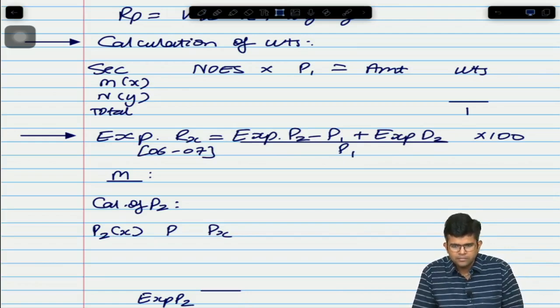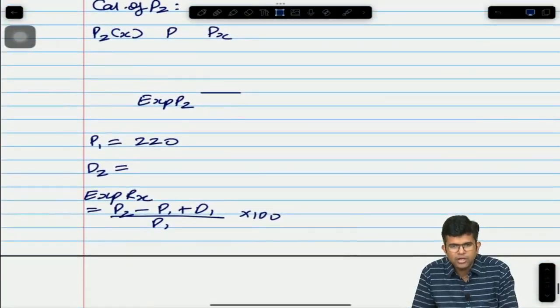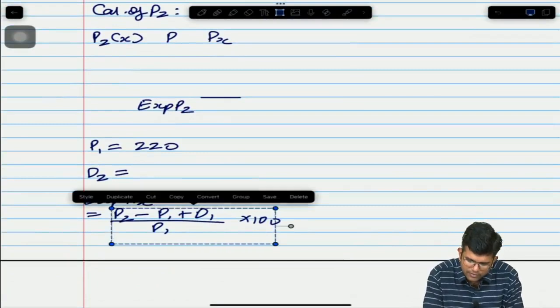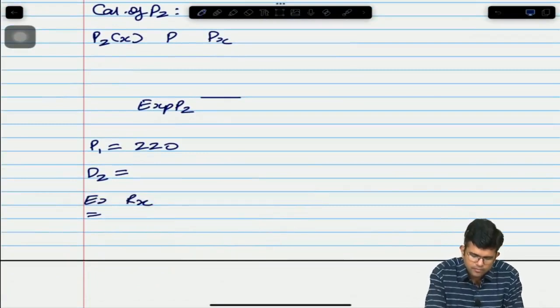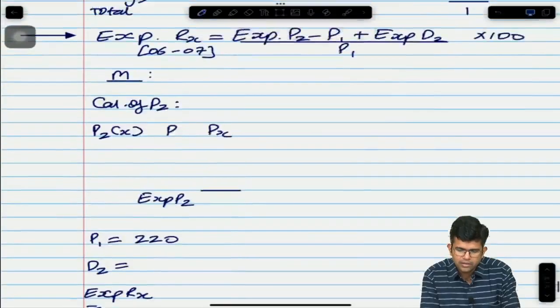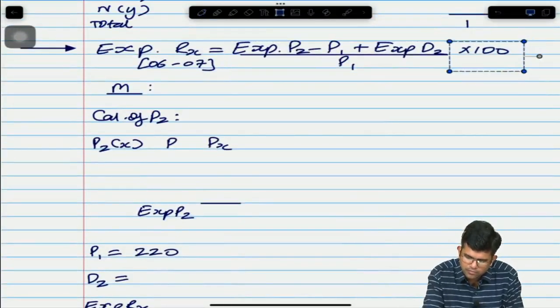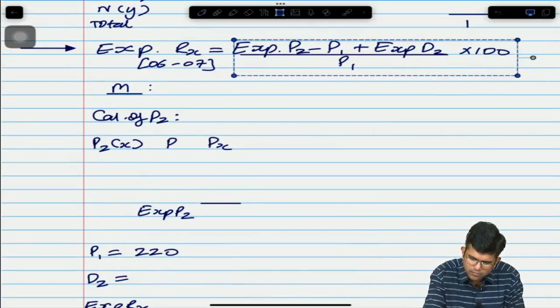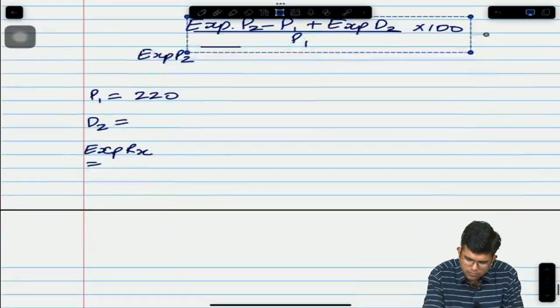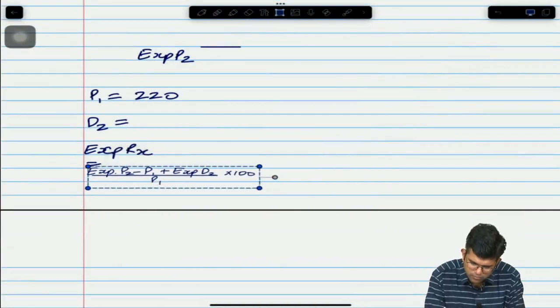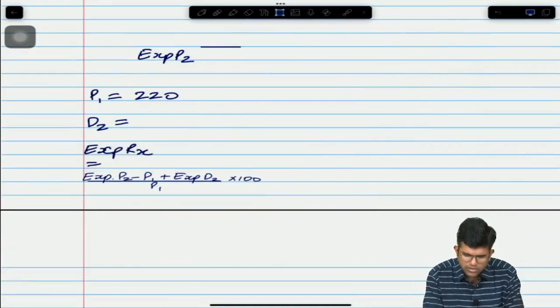All done. So that only formula you apply downstairs and get me expected Rx. Everyone following? Clear? So I'll just take this formula. Done?